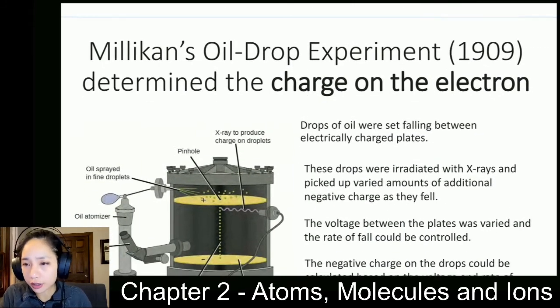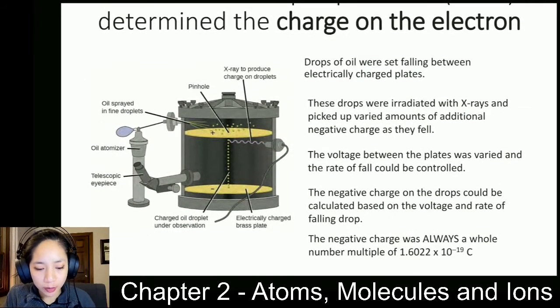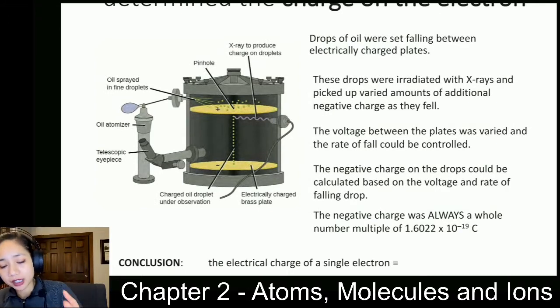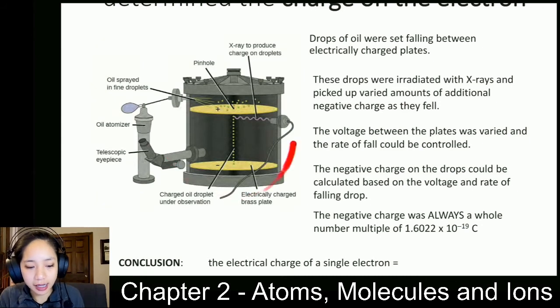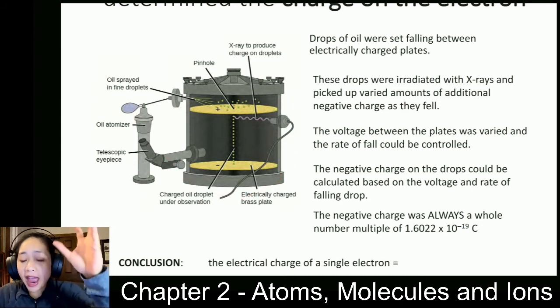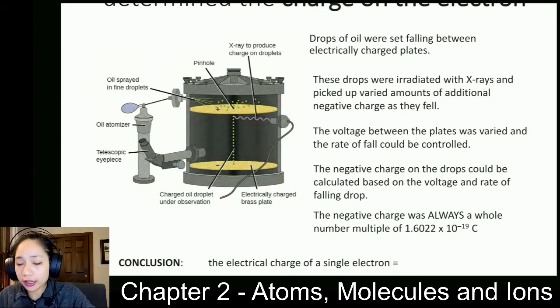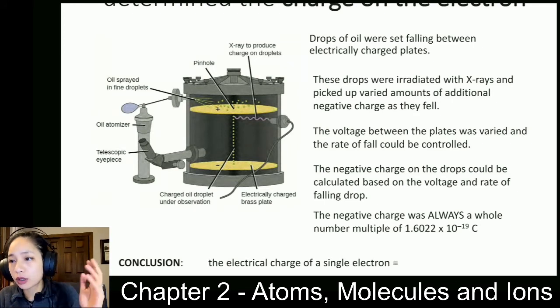Right? So I'll explain Millikan's oil drop experiment. This is different. It doesn't have to do with a cathode ray tube. But essentially what Millikan did is he took a spray of oil, like an aerosol of oil drops, and he sprayed that into this cavity. And as the oil droplets were falling, he would irradiate those drops with X-rays, really highly energetic electromagnetic radiation.